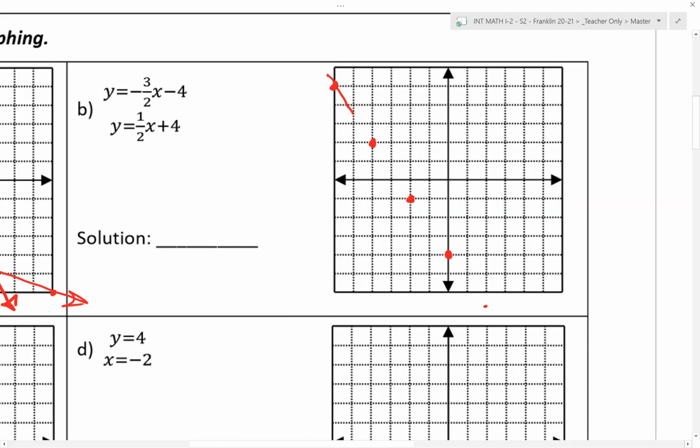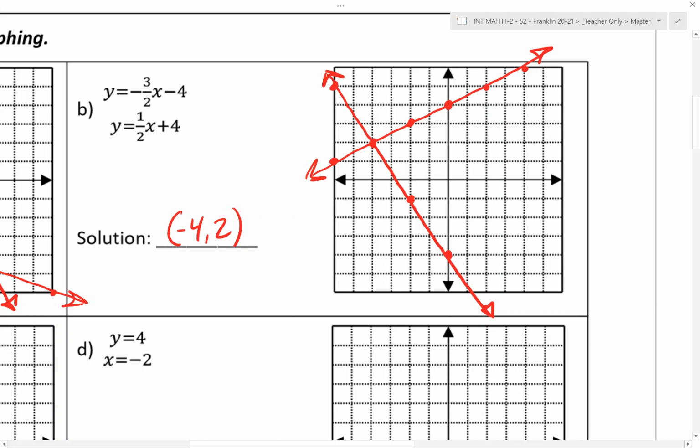So there's the first line. And then we have 1/2 x plus 4, so start up at 4, up 1 over 2, or down 1, left 2. And here's the solution right there, which is the point negative 4, 2.